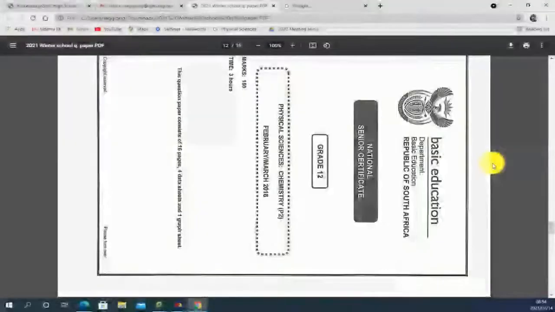So the first questions are from the first paper, which was complete, and the second question will be from the second 2019 paper, and the third question will be from February 2018.